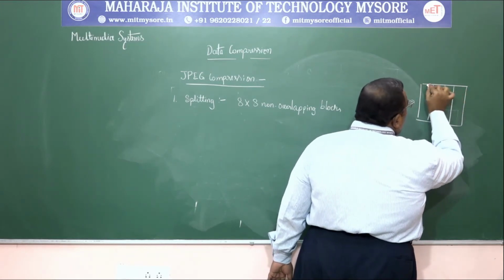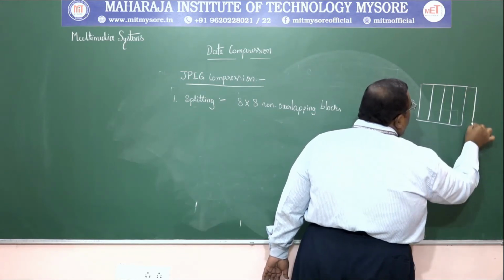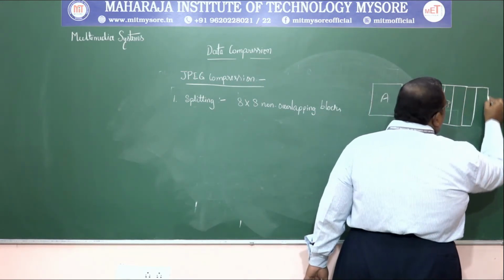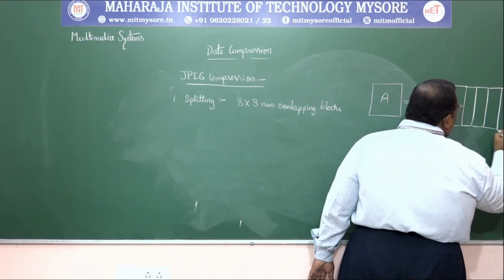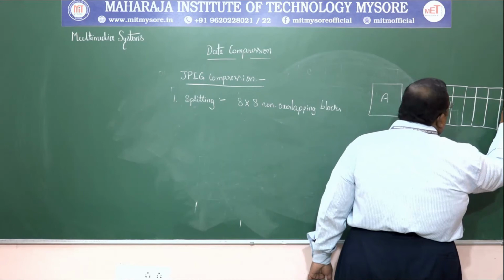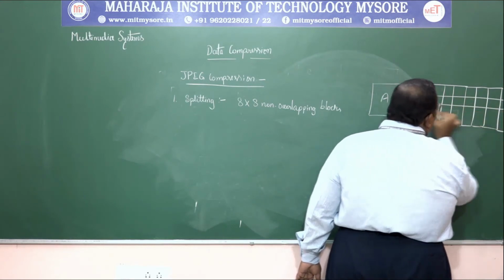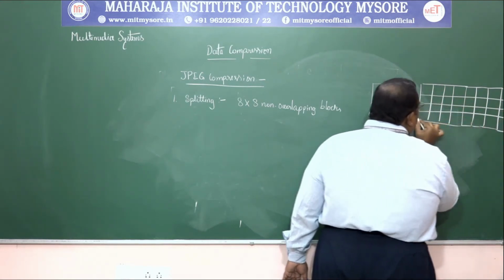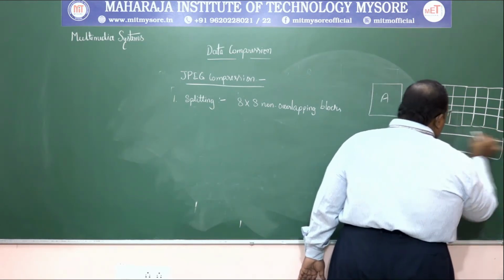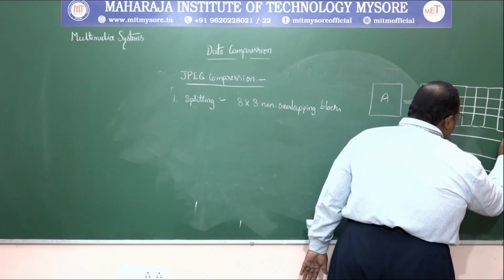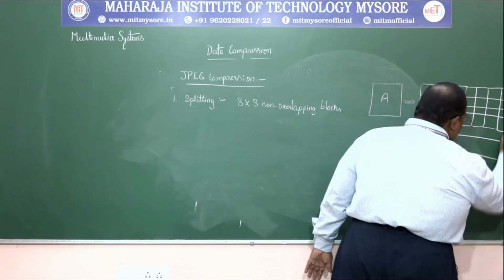One, two, three, 4, 5, 6, 7 and 8. Similarly, equally 1, 2, 3, 4, 5, 6, 7 and 8.